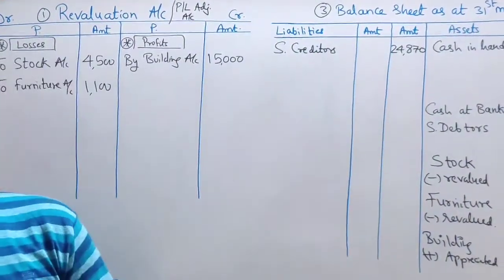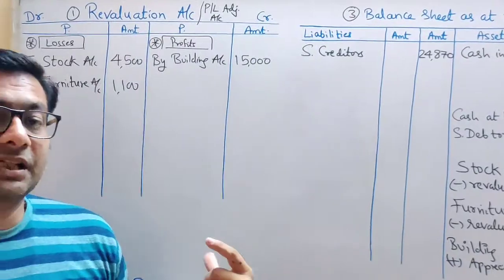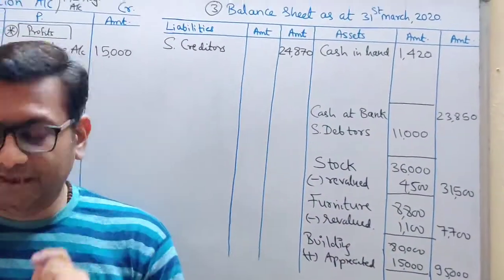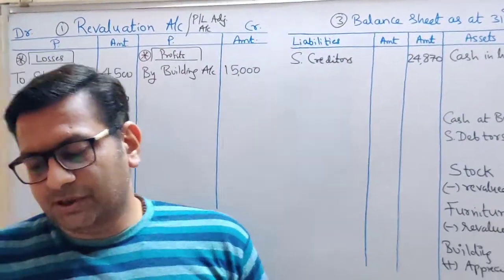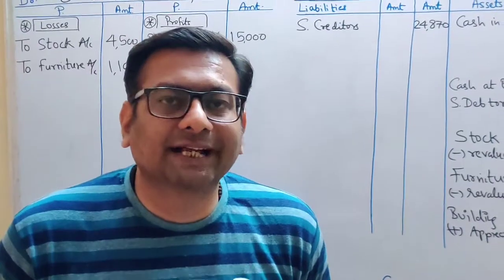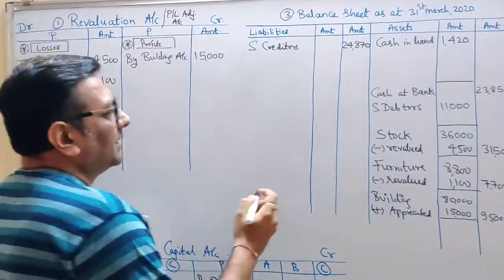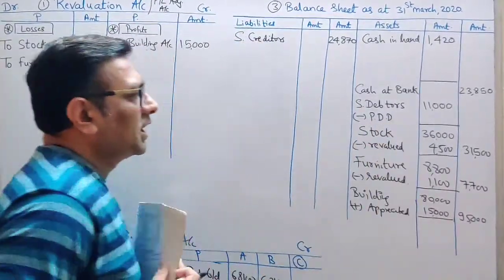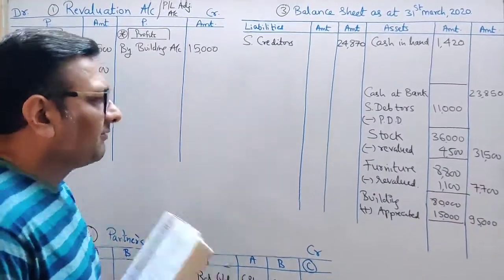So are you observing, students, how I am solving this sum? For every adjustment I am giving two effects. Don't forget this. Now, the third adjustment: a provision of 5% is to be created on debtors for doubtful debts. So this is PDD, provision for doubtful debts. How much percent have they asked us? 5%.